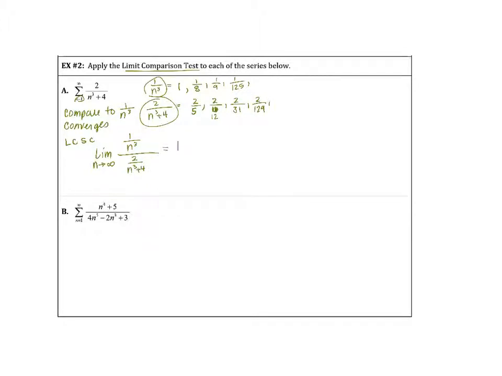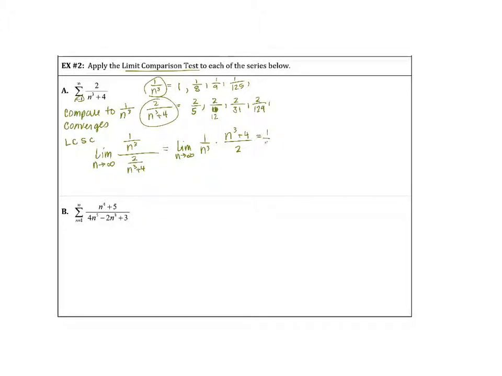And notice that's going to end up being the limit as n approaches infinity of 1 over n cubed times n cubed plus 4 all over 2. And this looks like it ends up being 1/2.